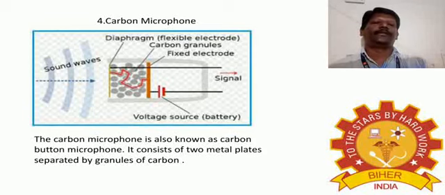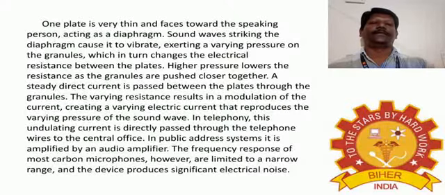The carbon microphone is also known as the carbon button microphone. It consists of two metal plates separated by granules of carbon. One plate is very thin and faces toward the speaking person, acting as a diaphragm.